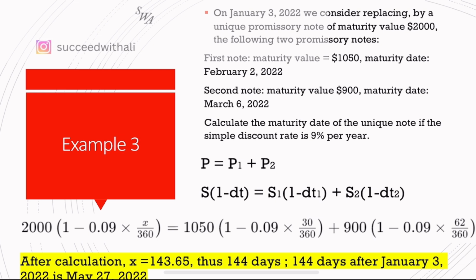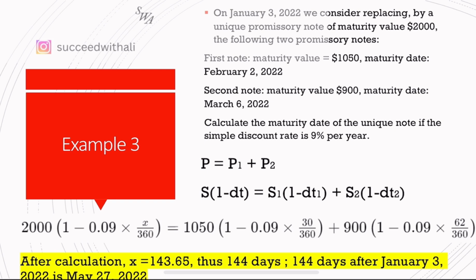So P is equal to P1 plus P2. And since we have all of the information, it's not that hard. We implement the information within the formula. So S into 1 minus dt is equal to S1 into 1 minus dt1 plus S2 into 1 minus dt2. So 2000 into 1 minus 0.09 multiplied by x over 360 is equal to 1050 multiplied by 1 minus 0.09 multiplied by 30 over 360.